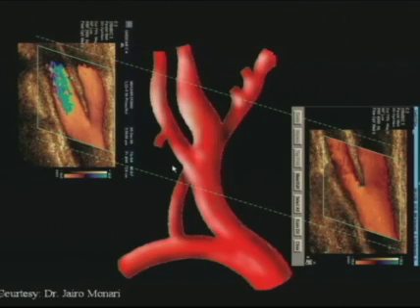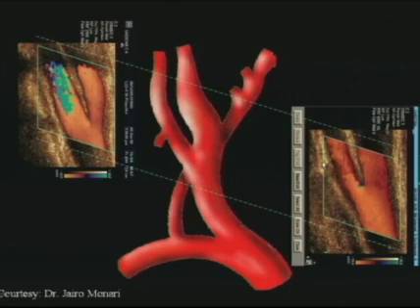In this slide, we can observe the orientation of the image on our screen when we perform the anterior or the posterior approach. When we do the anterior approach, the first vessel that can be observed is the external carotid artery, and the second vessel will be the internal carotid artery.